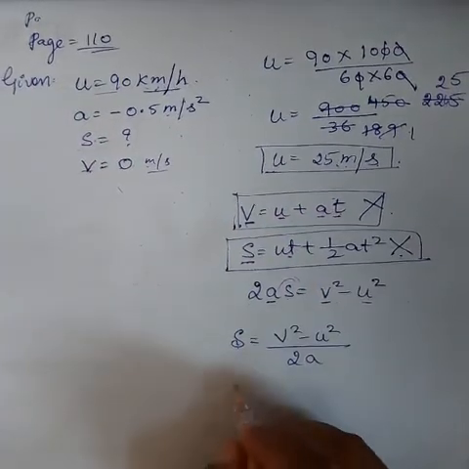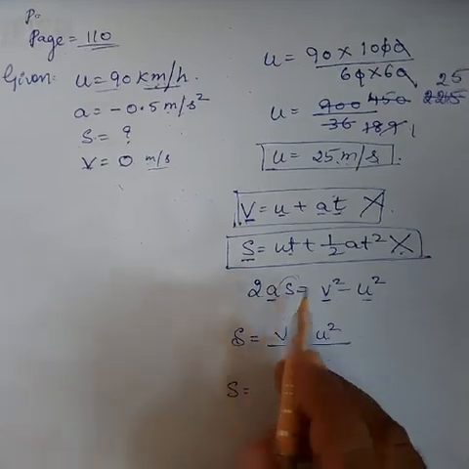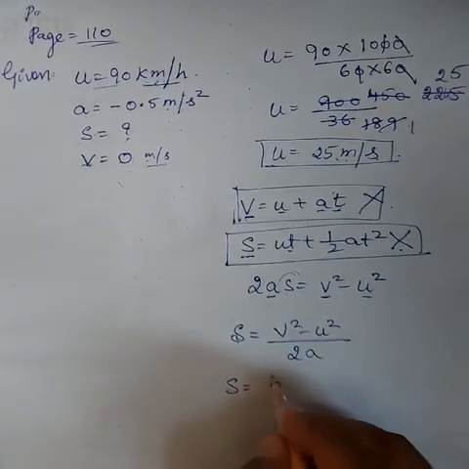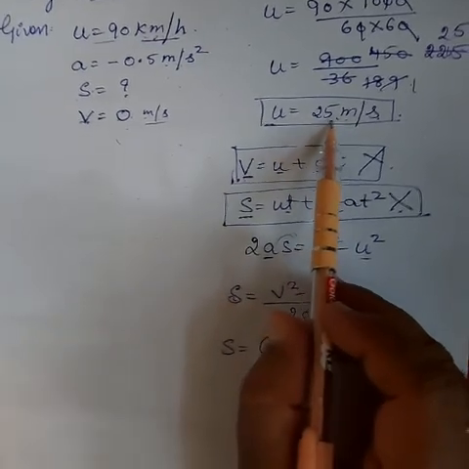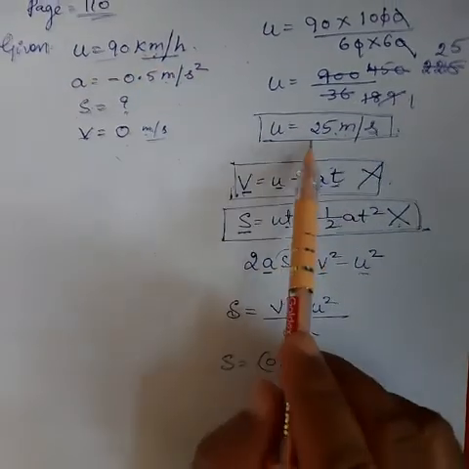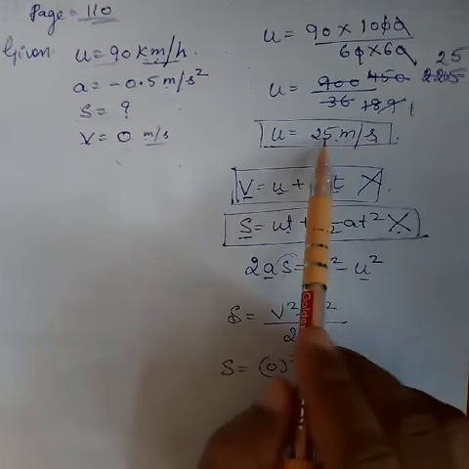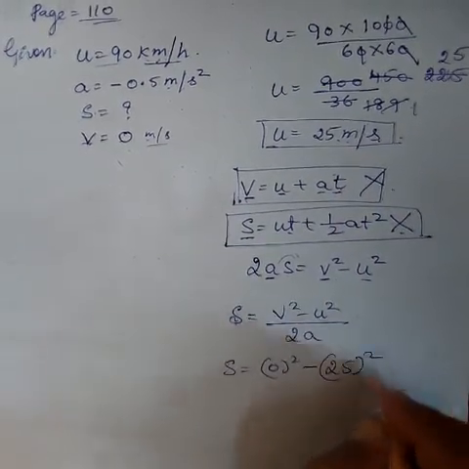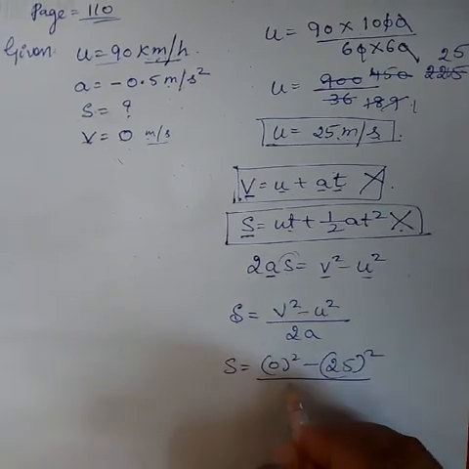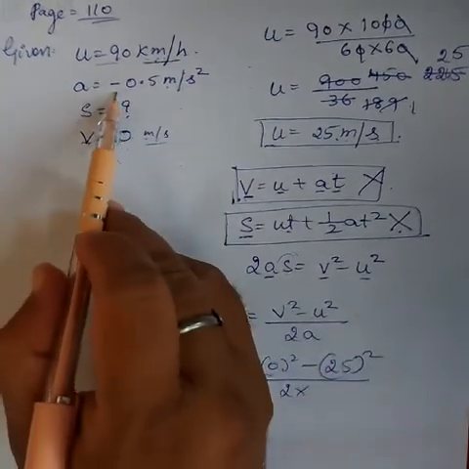So s is equal to v value 0 square minus u value, u value is this one, meter per second, that is 25 whole square, upon 2 into acceleration. What's the value of acceleration?